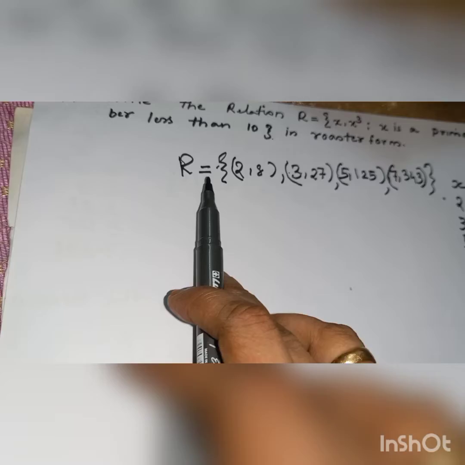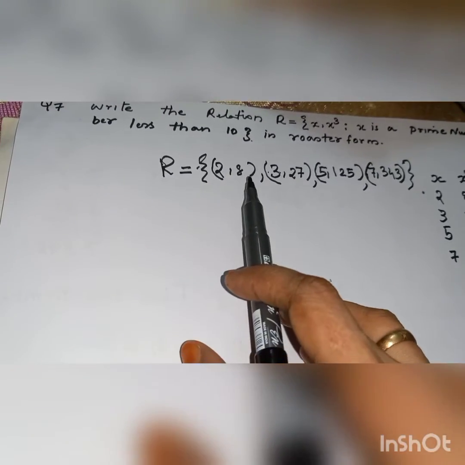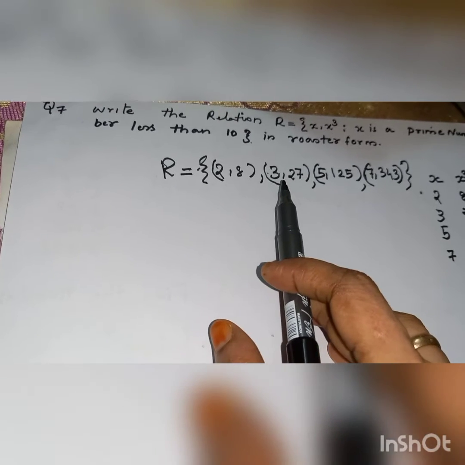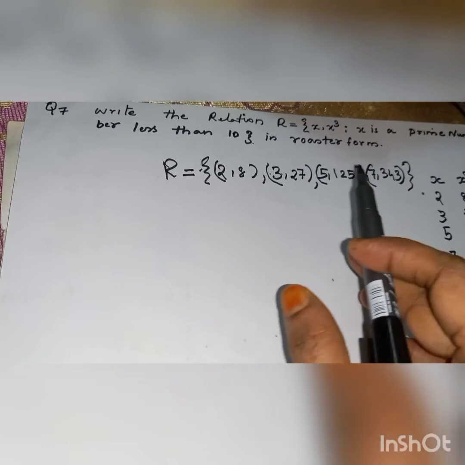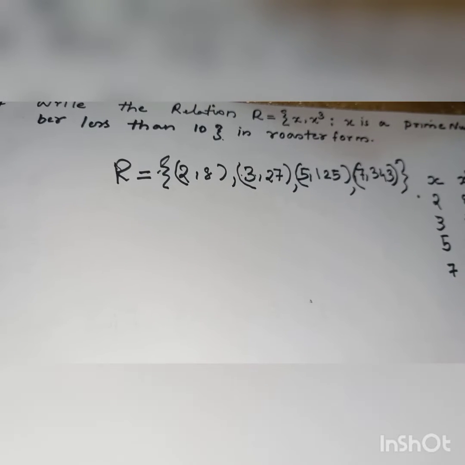So what is the relation here? R is equal to (2, 8), (3, 27), (5, 125), (7, 343). These are the ordered pairs.